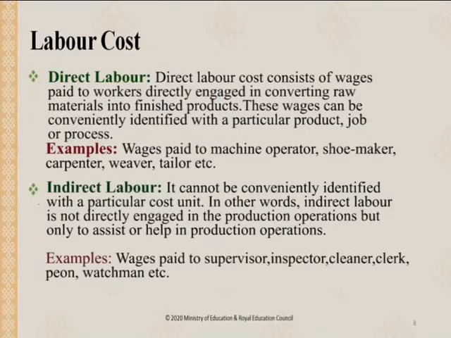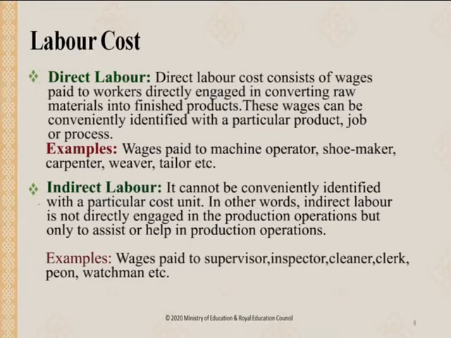Okay, next we have labor cost. As I told you, labor cost refers to the cost of remunerations such as wages, salaries, commission, bonus and so on. Again we have two. Direct labor. Direct labor cost consists of wages paid to the workers directly engaged in converting raw materials into finished product, and these wages can be conveniently identified with a particular product, job or process.